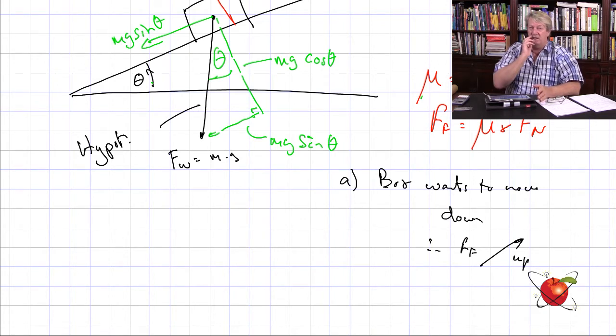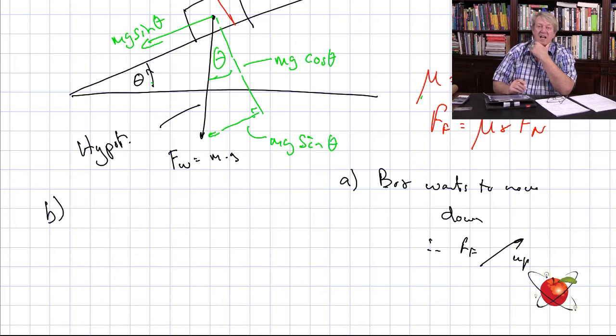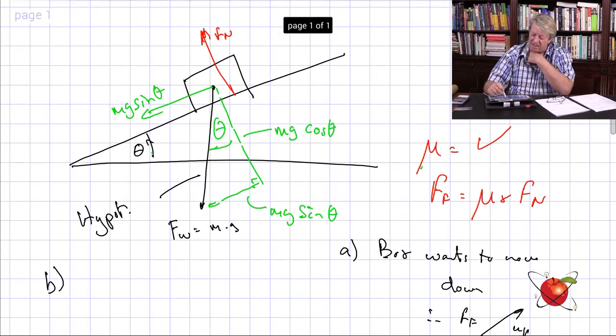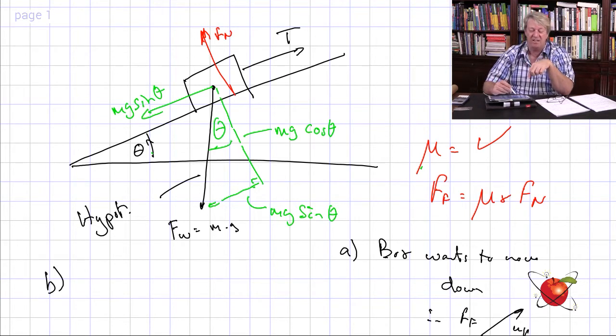That's all we have to say. There are no other forces, the box wants to move down. Then the next thing is we put a force acting up the slope. You will see they either say somebody is pushing or somebody is pulling with a force F up, or a T up. It's the same, a push or a pull, it makes no difference.